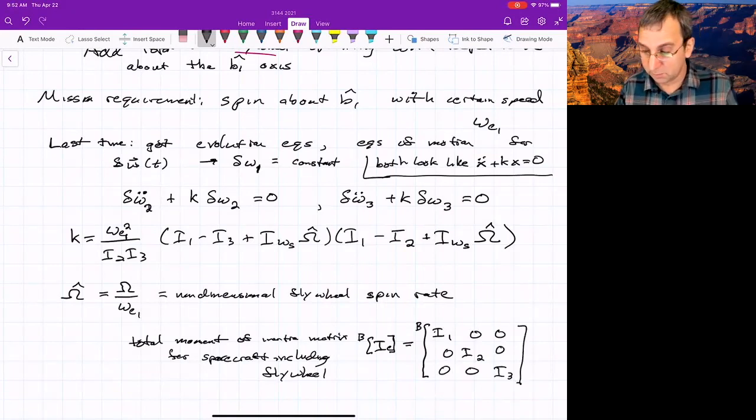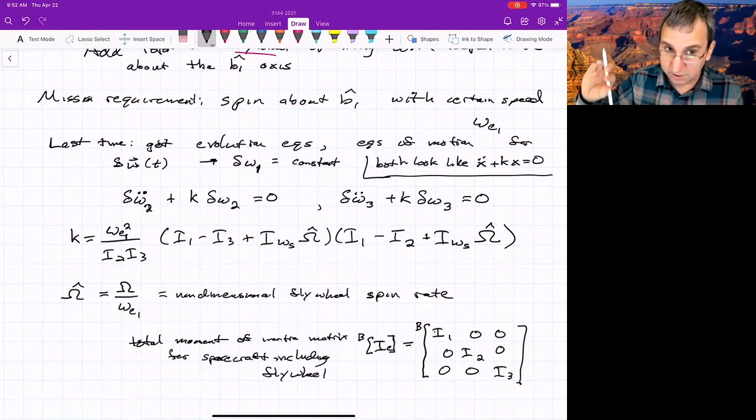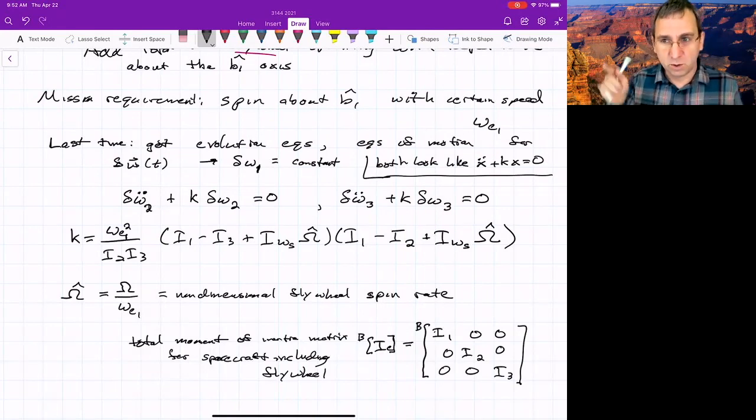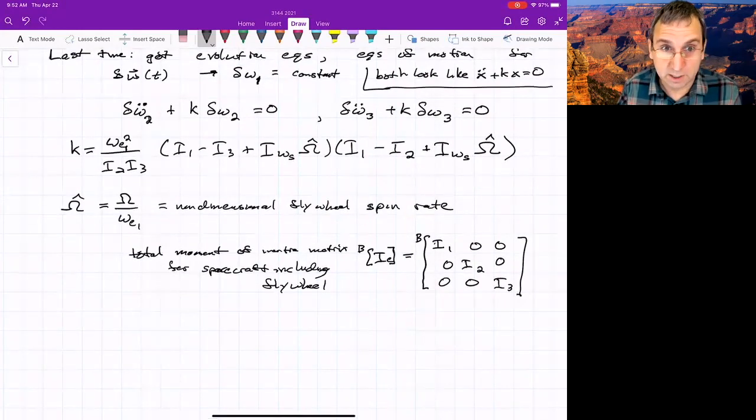I1 being the principal moment about the B1 direction, then I2 about the B2, and I3 about the B3. We don't yet know the ordering, so we don't know if B1 is the max, min, or intermediate. And that's important because that's going to determine what we pick.